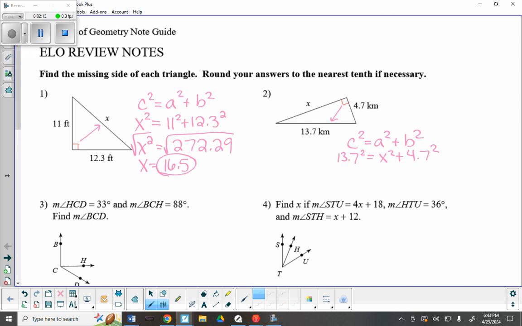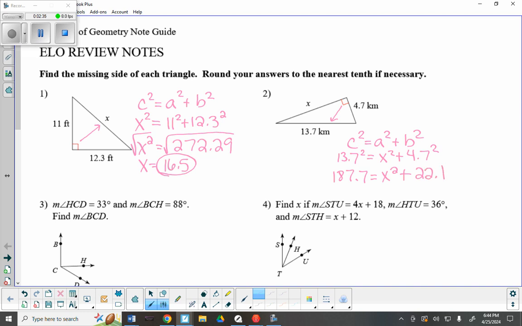What we're going to do first is square the numbers. So 13.7 squared is 187.7 if I round it. And 4.7 squared is 22.1.